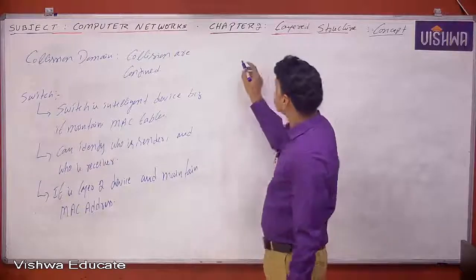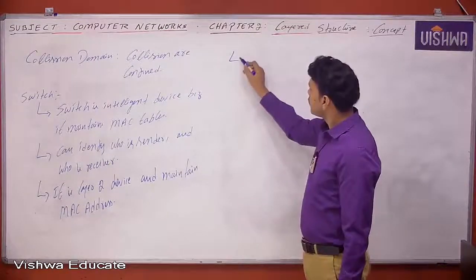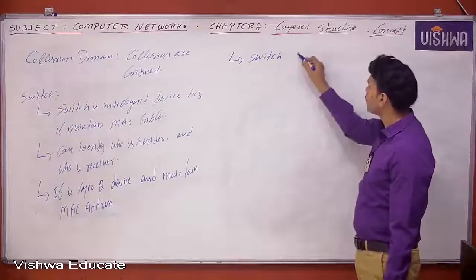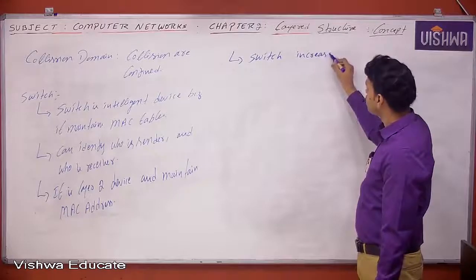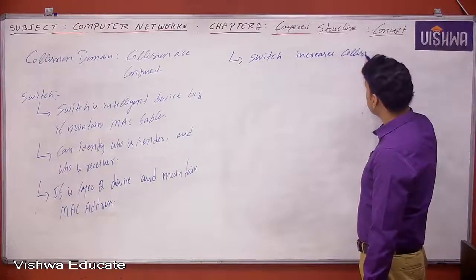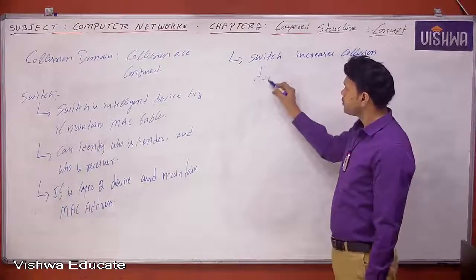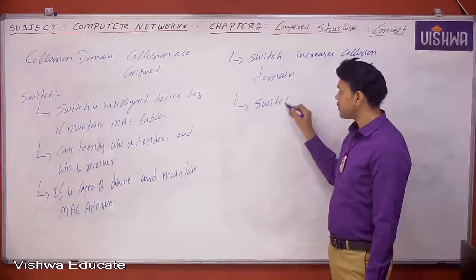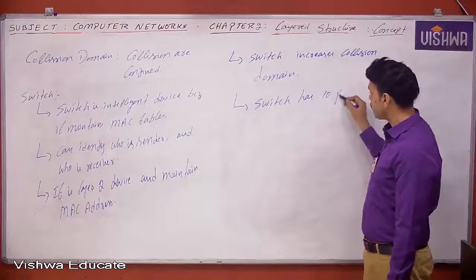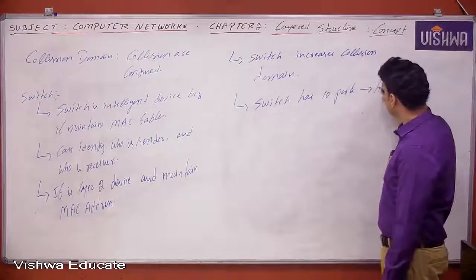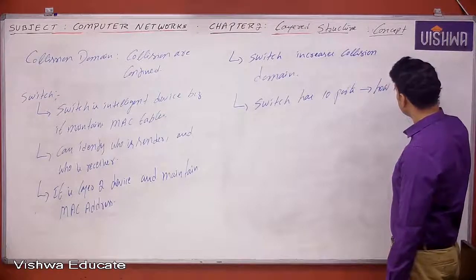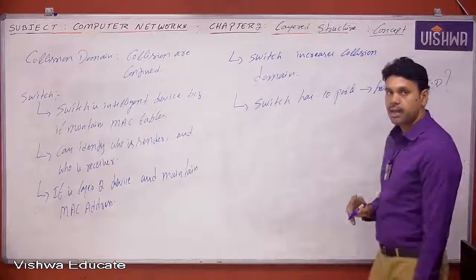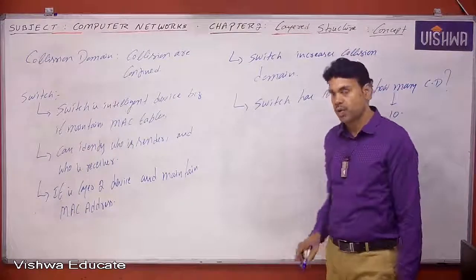So switch increases collision domains. Here there is an important point: switch has 10 ports. How many collision domains? I can say the answer as 10. If it is a hub, it is only 1.